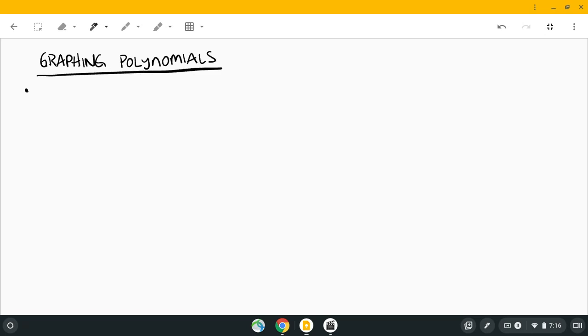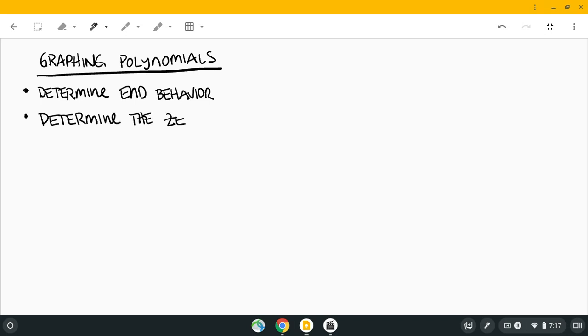Okay. And when we're graphing polynomials, what we need is the end behavior. So we need to determine end behavior. And we also need to determine the zeros of the polynomial.